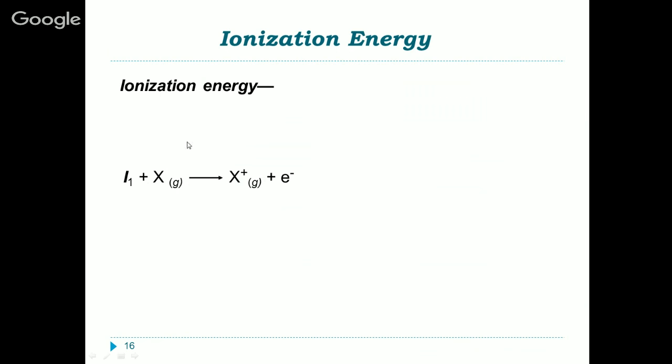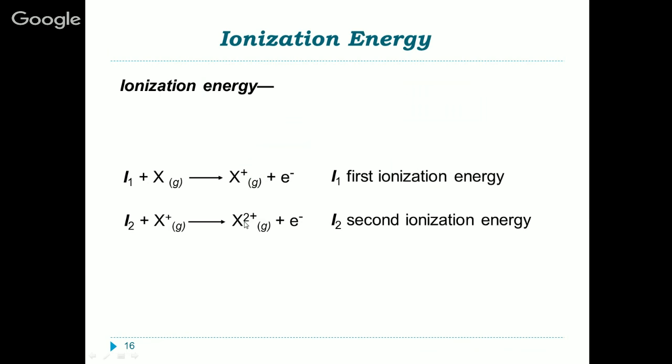So generically, we're representing some element X that is becoming positive because it lost an electron. So this I1 is the ionization energy to remove the first electron. We can remove the second electron by starting with our X plus and taking off the second electron. Now we have a positive 2 charge, second ionization energy.